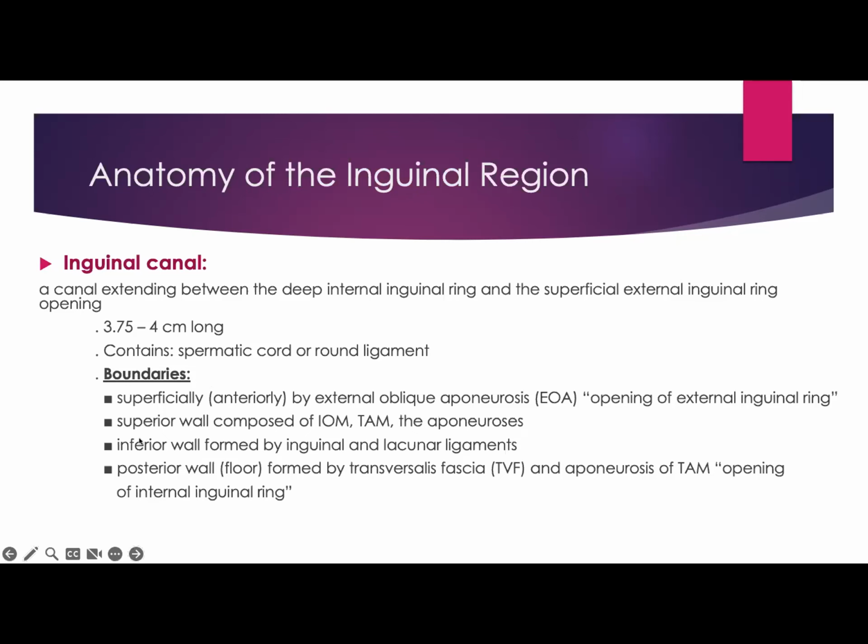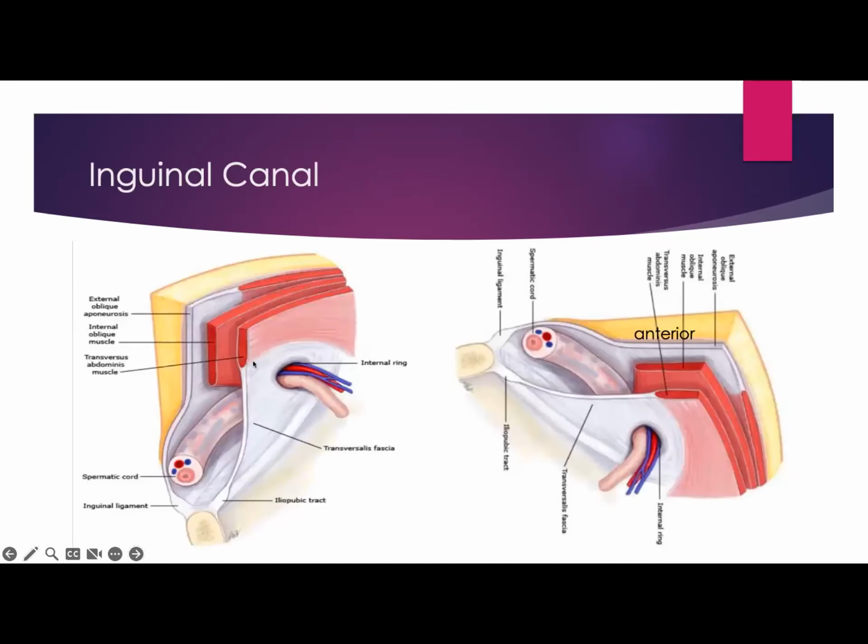So the superior wall is formed by the internal oblique muscle, the transversus abdominis muscle, and the aponeurosis, as you can see over here. So this is the external oblique aponeurosis, this is the internal oblique muscle, and this is the transversus abdominis. So this is superiorly. And over here we have the anterior part, which is mainly the external oblique aponeurosis.